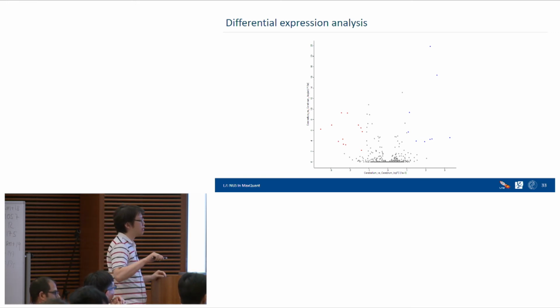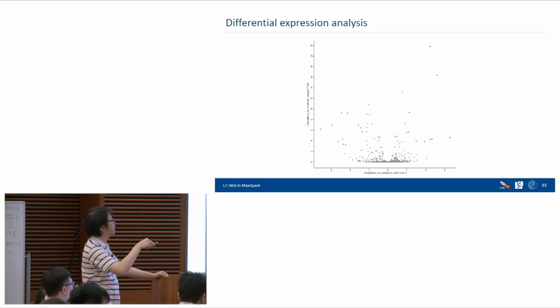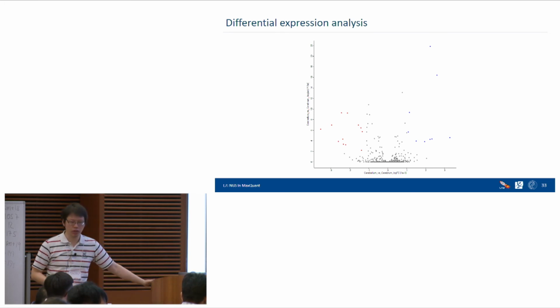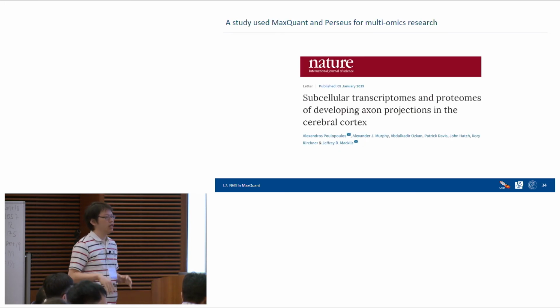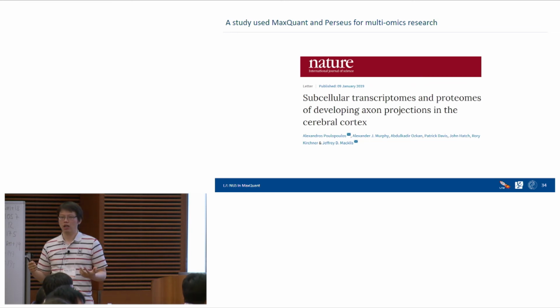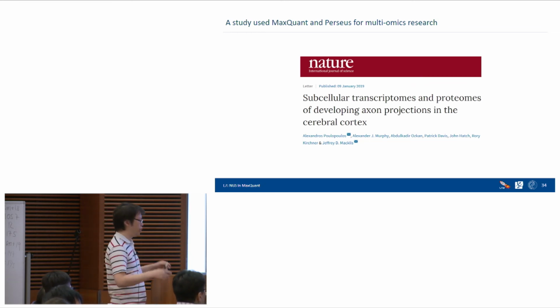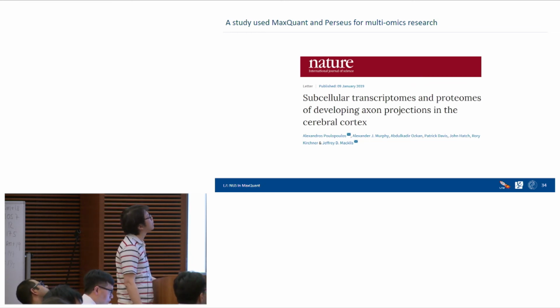For it, you just need to set the x-axis as the log2 fold change, and the y-axis as the q-value, or minus log p-value. Then you can plot this, and you can change the color to label the differentially expressed genes or proteins. You can play around with this and generate a beautiful picture by yourself.